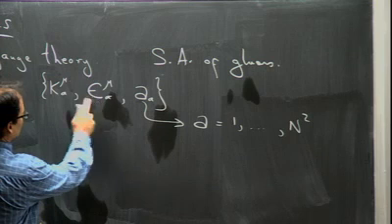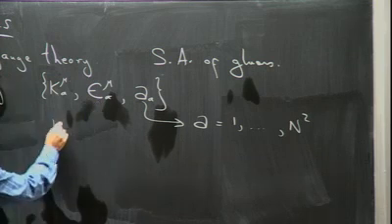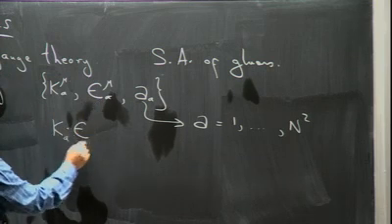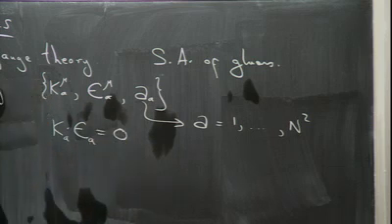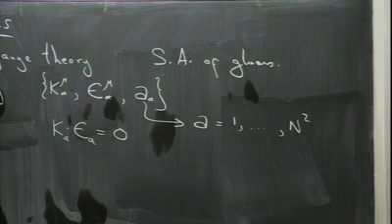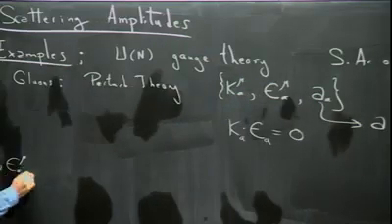So we have polarization vectors, of course. We take the polarization vectors to be transverse, and we're going to start studying the scattering amplitudes of n gluons.